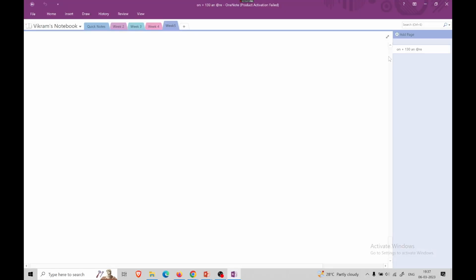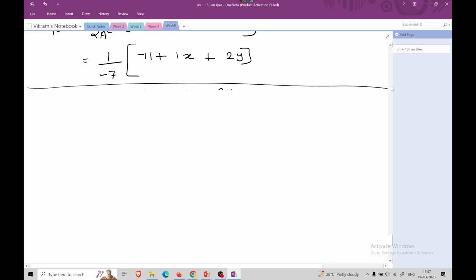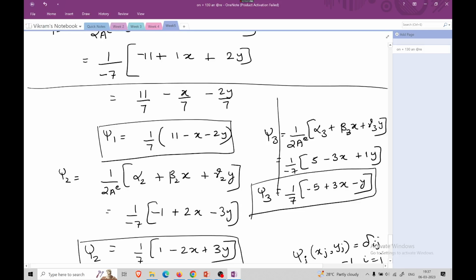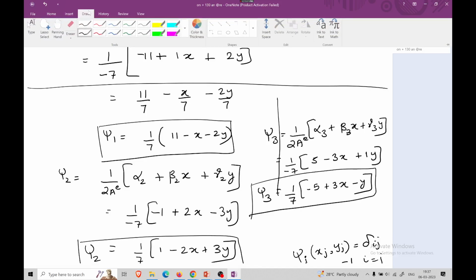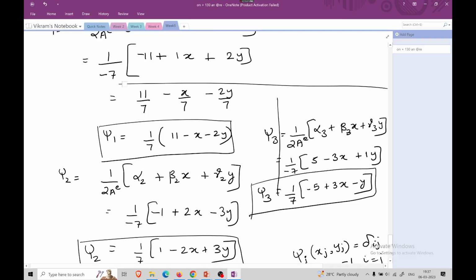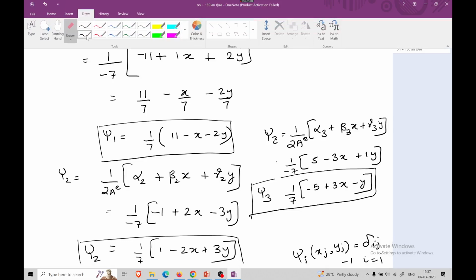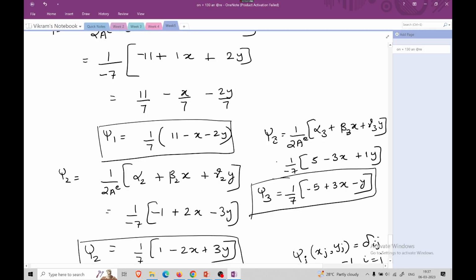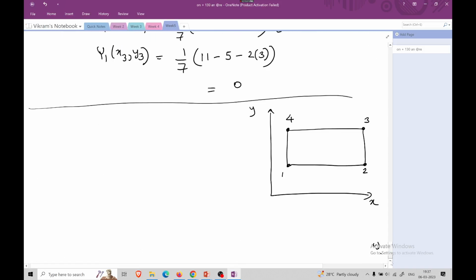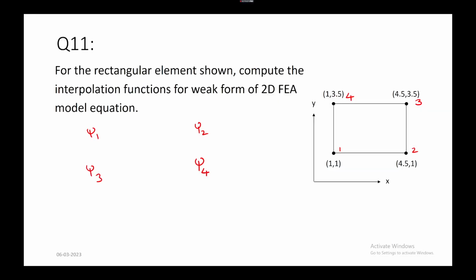So I am drawing the rectangle. Already I have drawn here. So I will just note down the thing.